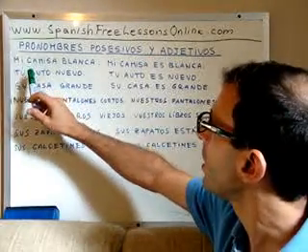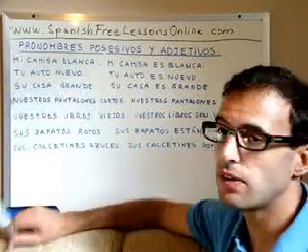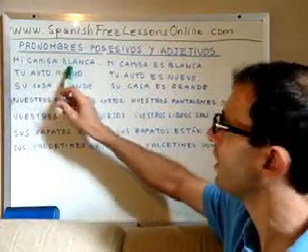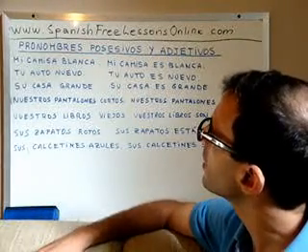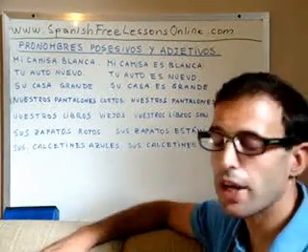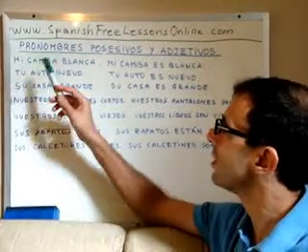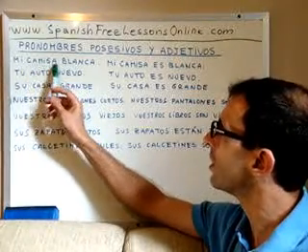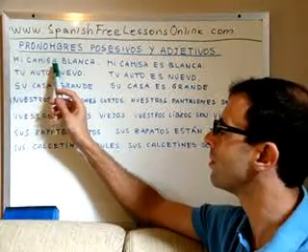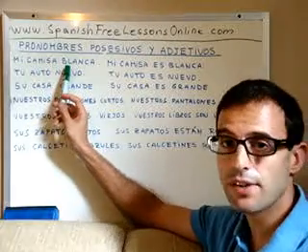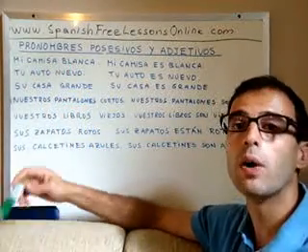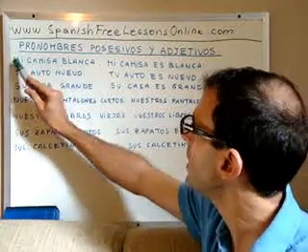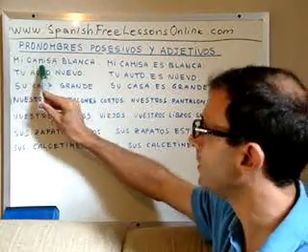So, mi camisa blanca means my shirt white, or my white shirt. In Spanish, actually, you can switch the position of the noun and the adjective. So it's okay to say it as in English: my white shirt, mi blanca camisa.